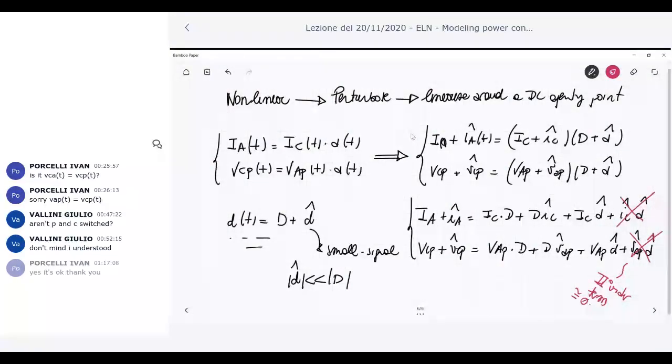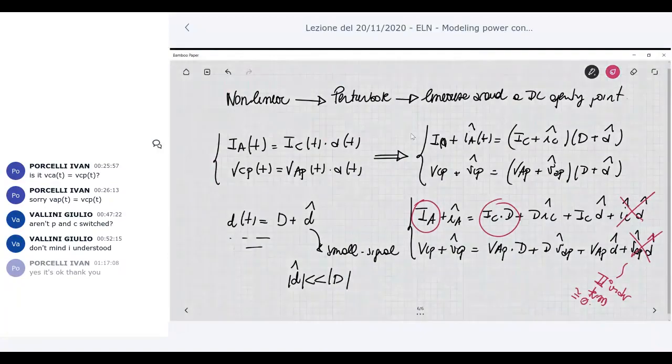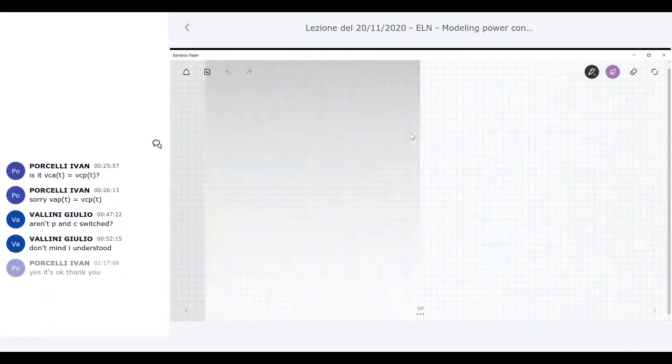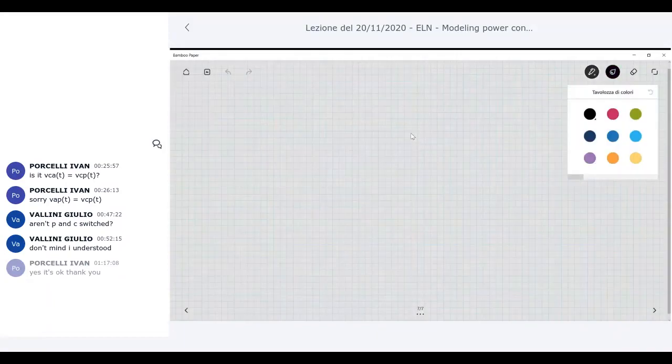When you multiply two small quantities between them, you get something which is even smaller. So here you can see that we have something which is totally DC, and something which is small signal. So let me just isolate the DC quantity, and then separate the DC expression.